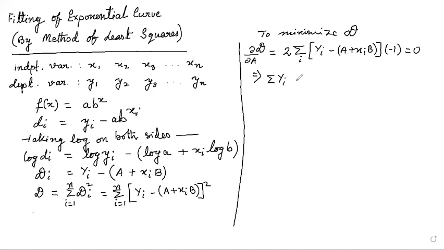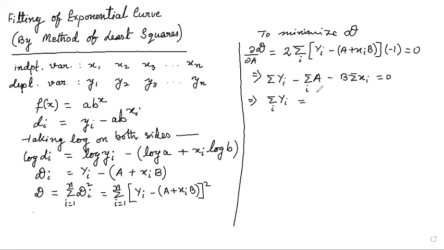So del A of capital D, equating it to 0, we will be getting summation yi minus summation A, summation over i obviously, minus B summation xi equals to 0. After simplifying we will be getting summation yi equals to summation of all A's, taking i varying from 1 to n.